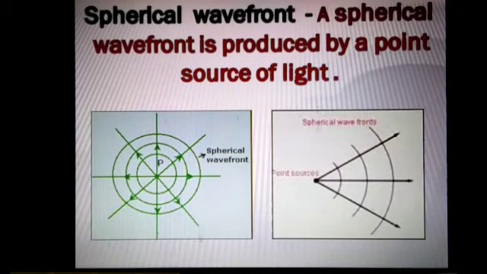First one, spherical wavefront. A spherical wavefront is produced by a point source of light. It is so because the locus of all such points which are equidistant from the point source is a sphere. Students, you can see from the figure.